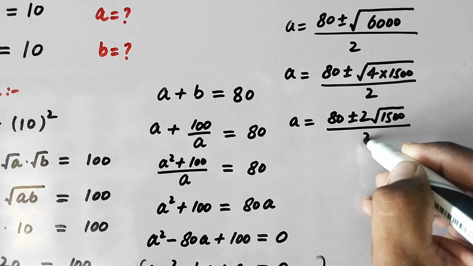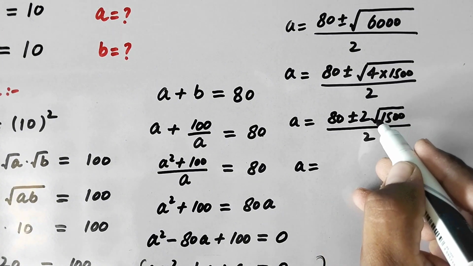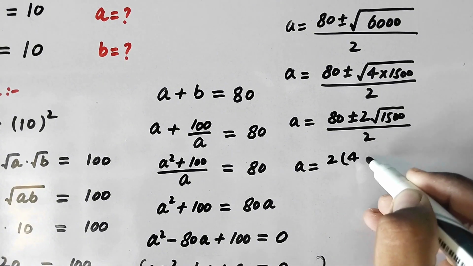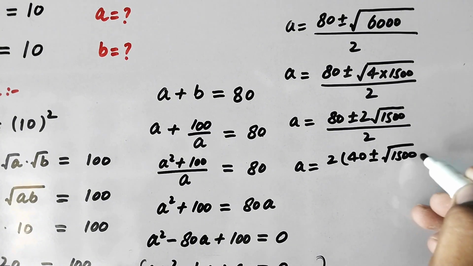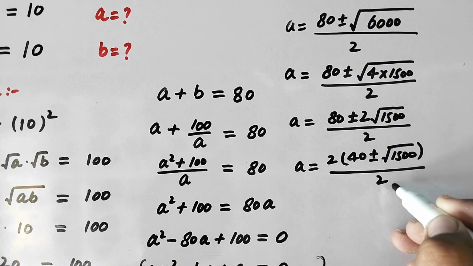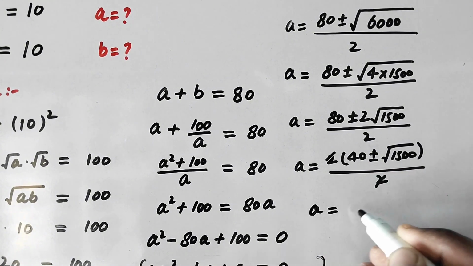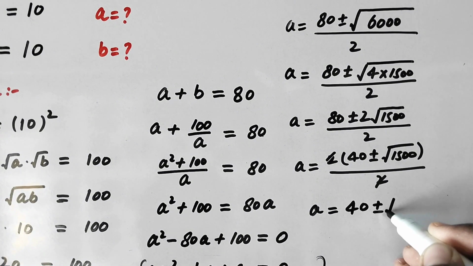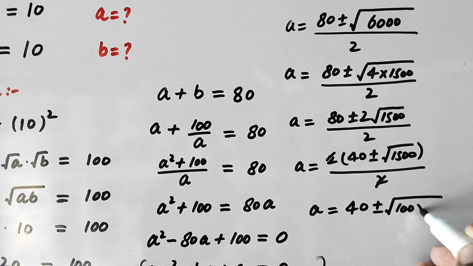Or now a will be equal to, from numerator we will take 2 common, so here will be 80 divided by 2 is equal to 40 plus or minus square root of 1500 divided by 2, and here this 2 will be cancelled by this 2, so here a is equal to 40 plus or minus square root of 1500, which can be written as 100 times 15.